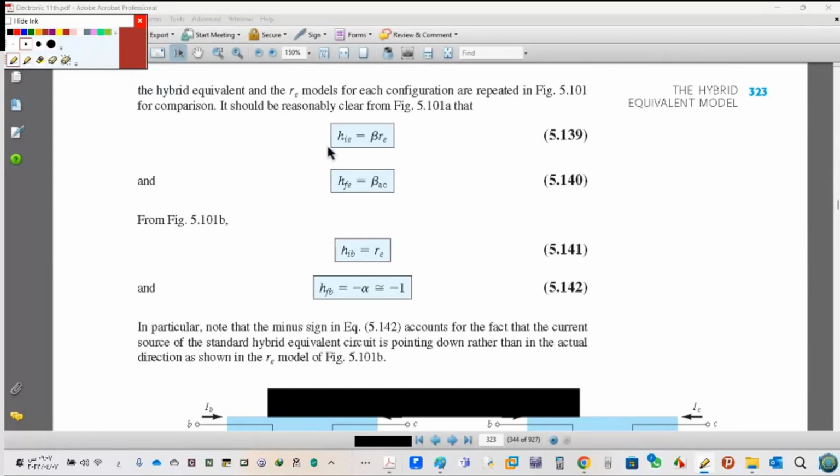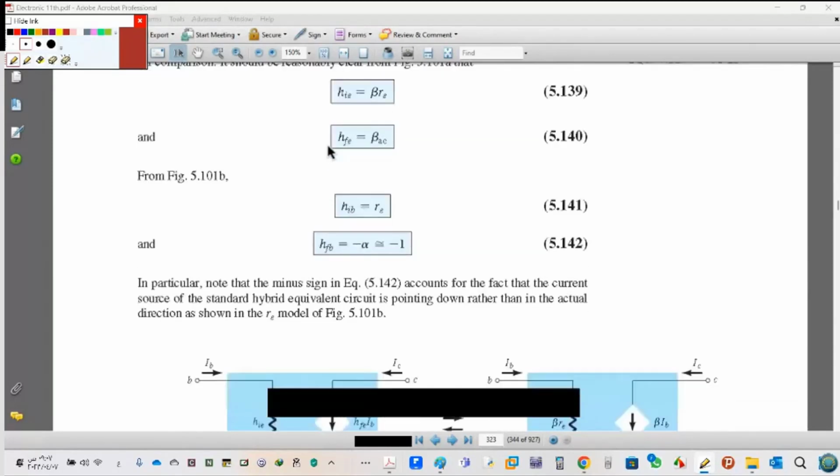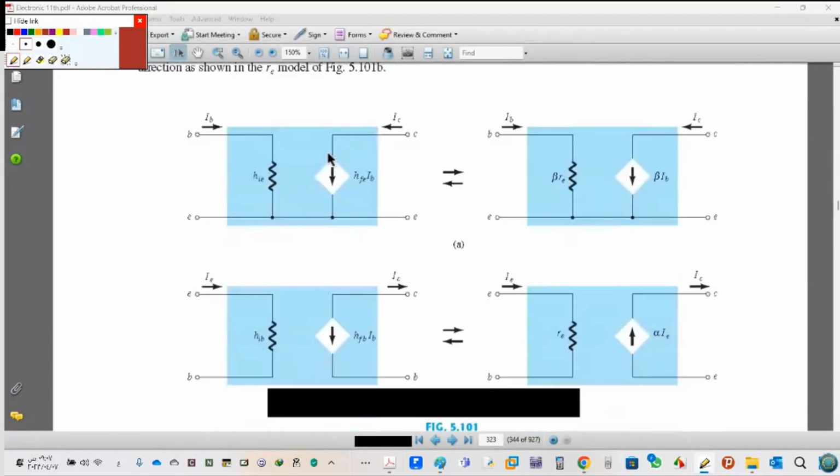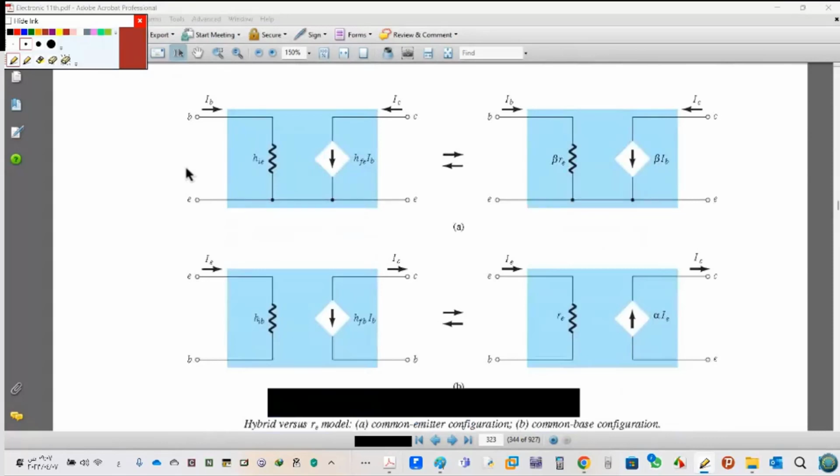So if I draw again with this one and this one, this is the equivalent between both. Excuse me, stay with me, it's very important. Here, for example, it's RE, here it's hybrid, H. This is common emitter, this is common base. So let's compare.